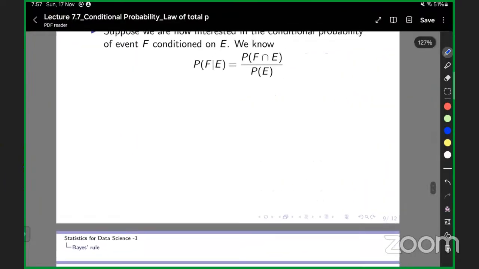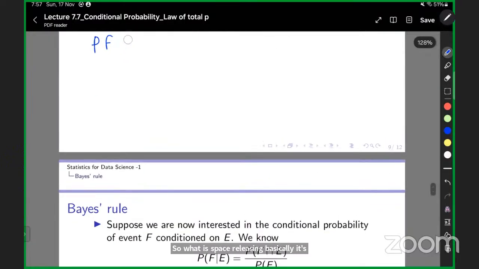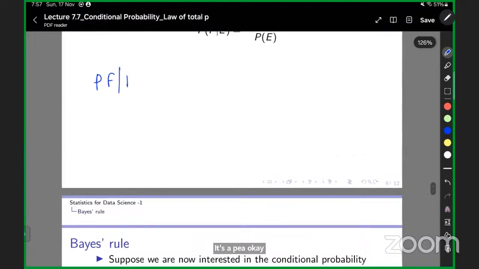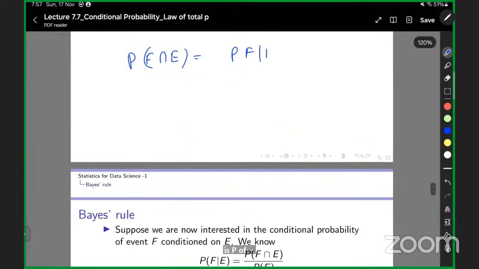So what is Bayes rule? Basically, it's P of F given E, right? So that's what we wanted to figure out, and we know from this that P of F intersection E is P of F given E multiplied with P of E, right?